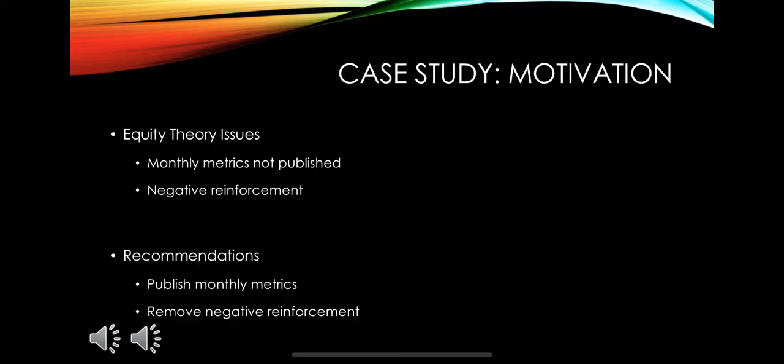Without being able to gauge their performance against others and the pay others receive to determine fairness, they are unlikely to be motivated. It would be suggested that the organization publishes the monthly metrics of all callers, and thus the employees will be more motivated as they will perceive fairness and equity within the workplace.